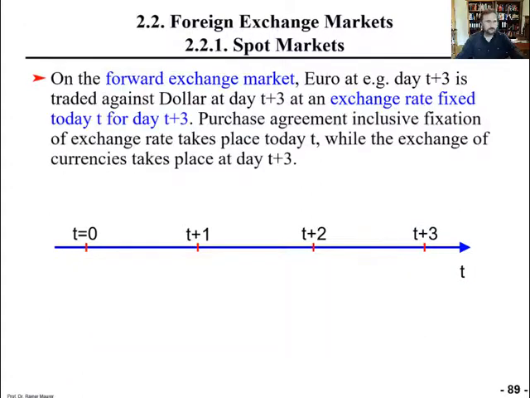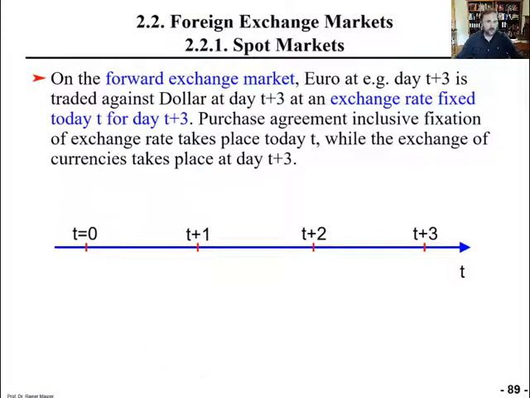Now, on the forward exchange market, a euro at, let's say, 3 days from now is traded against a dollar 3 days from now at an exchange rate that is, however, fixed today for the exchange that takes place 3 days from now.